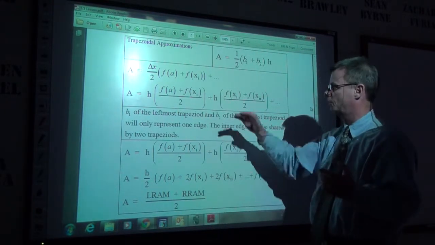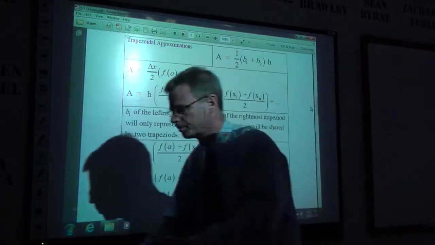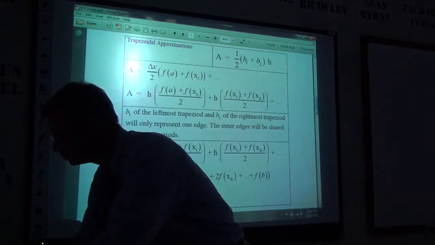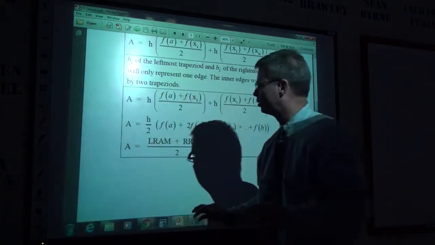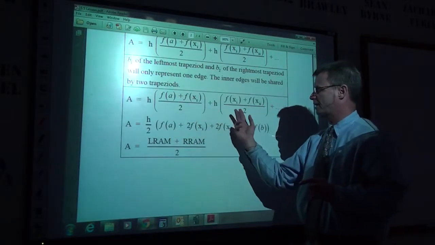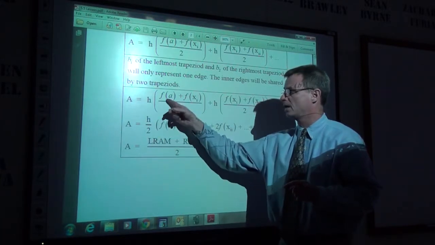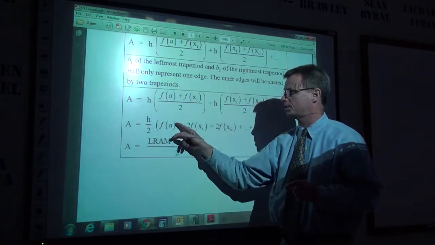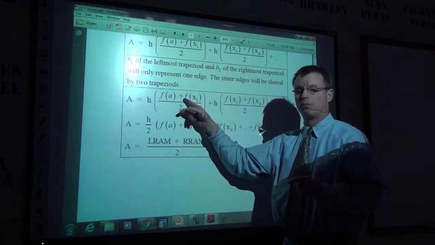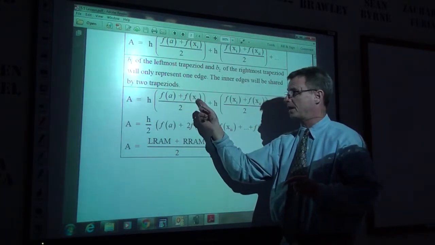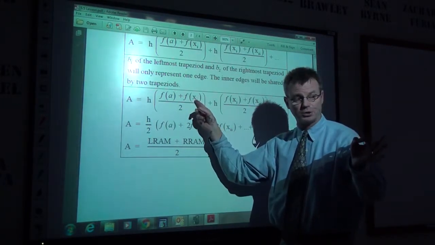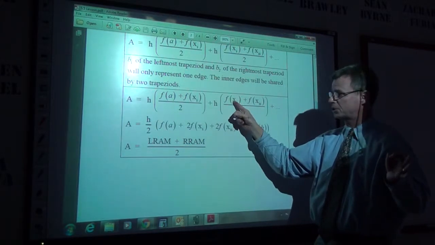So if we look at that, we just take this and paste it here. We could think of it as, again, we factor out this 1/2 now, and say what I've got, h over 2 times what? This f of a occurs once. But this f of x sub 1 is the right-hand endpoint of the first trapezoid, and it's the left-hand endpoint of the second trapezoid.